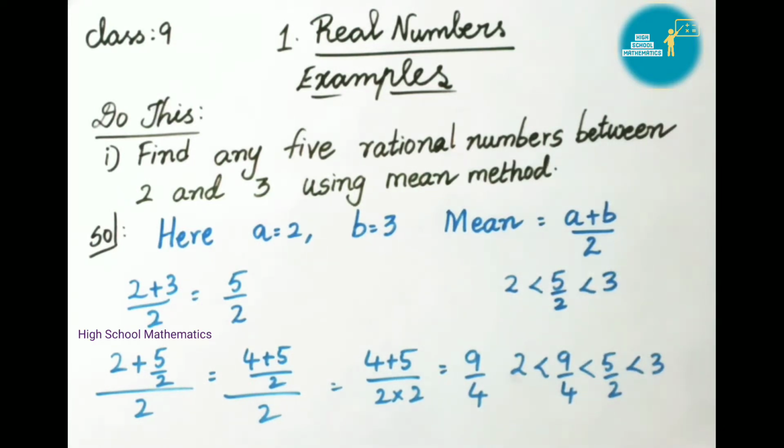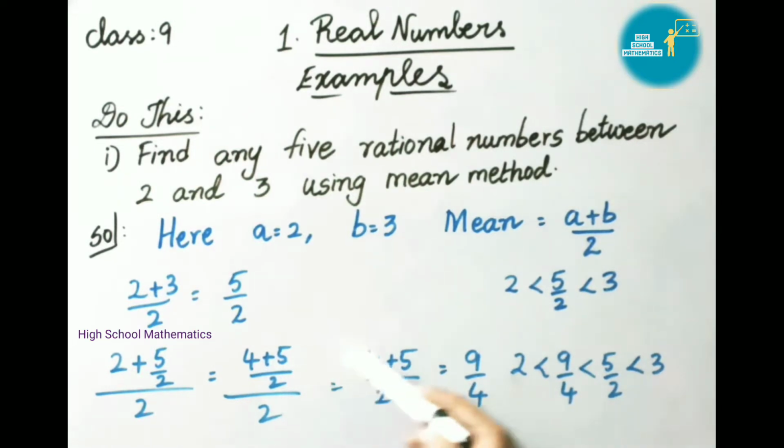Now we shall find the second rational number between 2 and 5 by 2. So we use the same method, that is mean method. (a plus b) by 2 means (2 plus 5 by 2) by 2. Here for this 2 we have to do LCM. So this 2 is going to multiply, 2 into 2, 4 plus 5 by 2, overall by 2.